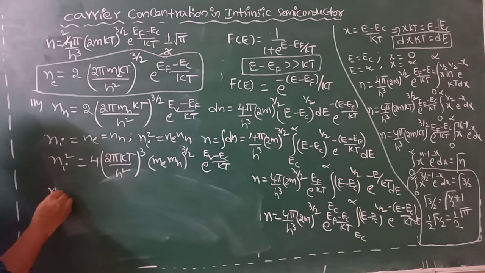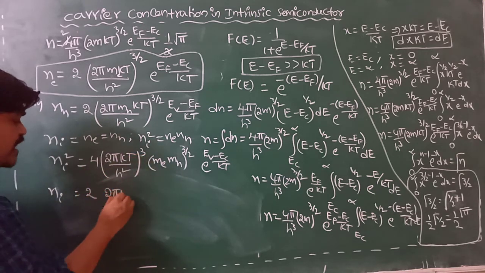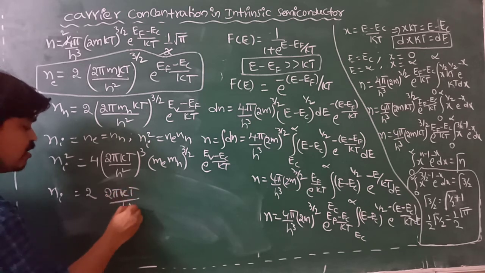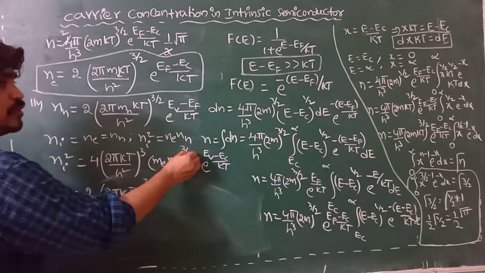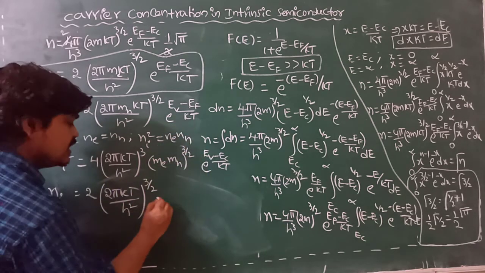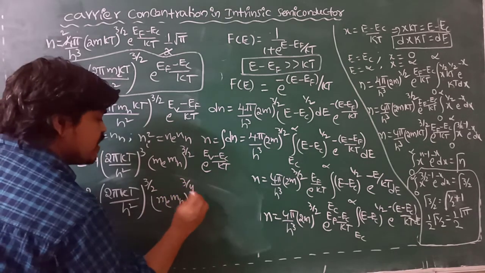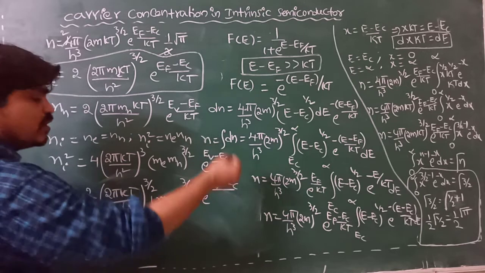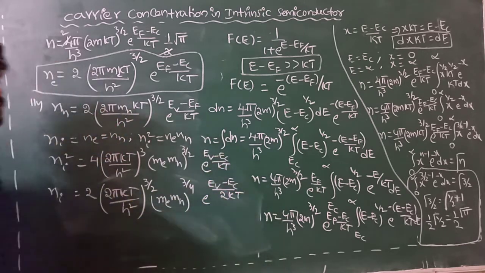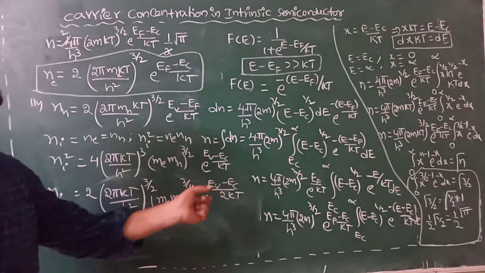Now Ni is the square root: the 4 becomes 2, and the root of power 3/2 becomes 3/4. Ni = 2 (2 pi kT by h square) whole power 3/2 (Me Mh) whole power 3/4, e^((EV - EC)/2kT). The energy gap is EC minus EV.